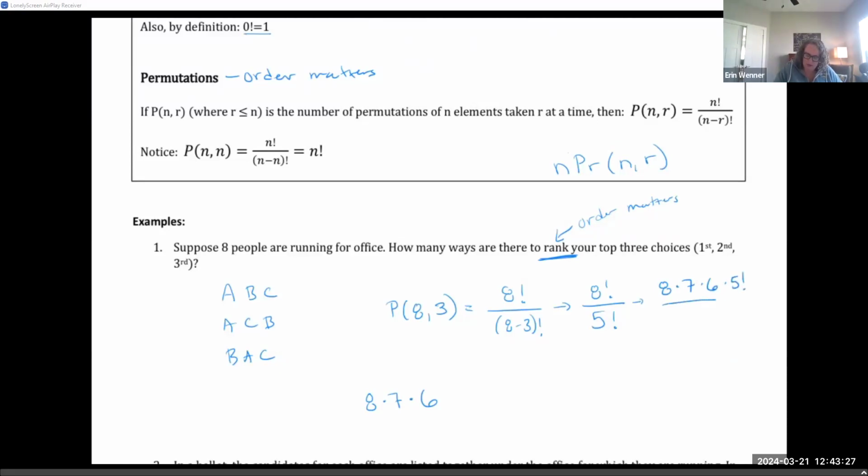The reason I'm stopping at that 5 factorial is because I can cancel those out. And you can see how I end up with 8 times 7 times 6, which reduces to 336. Now we're going to say that all of these people are equally likely, right? We're not adding any other conditions to why we would choose them and rank them.